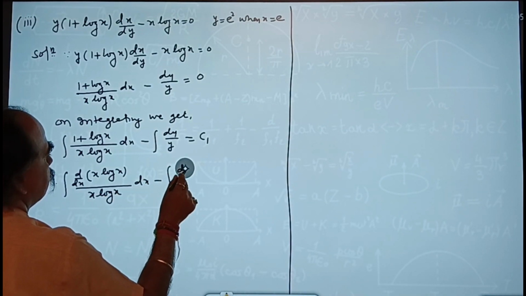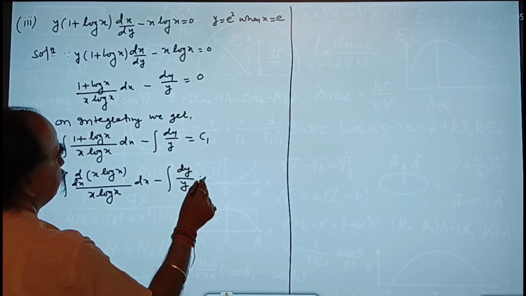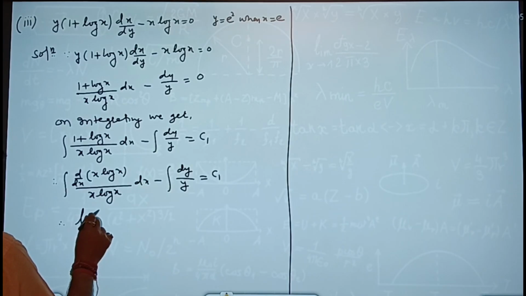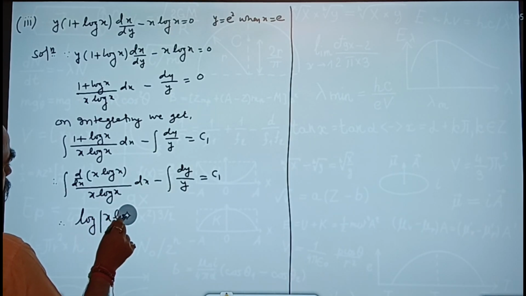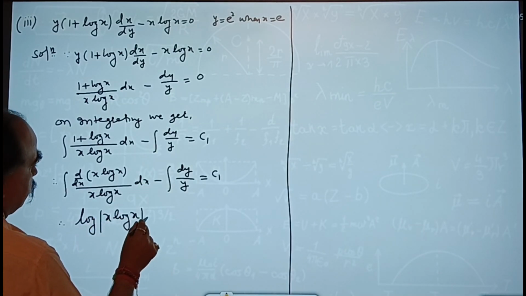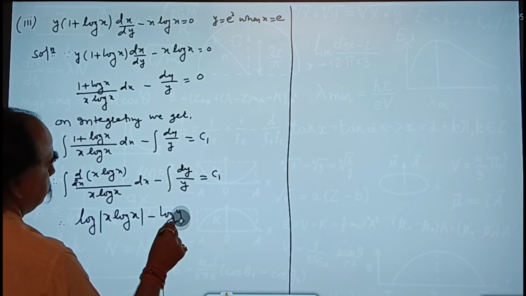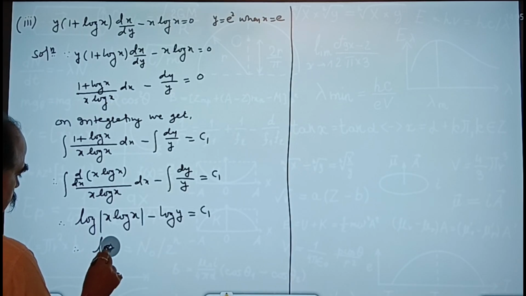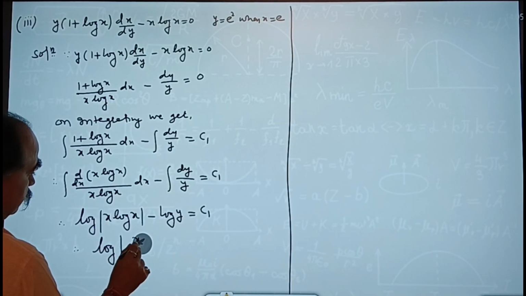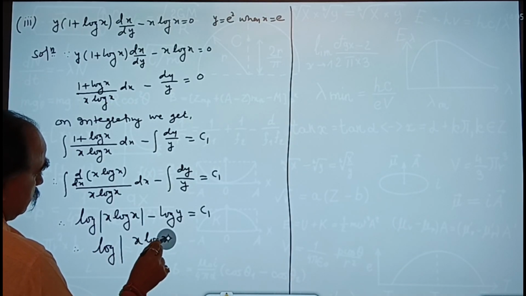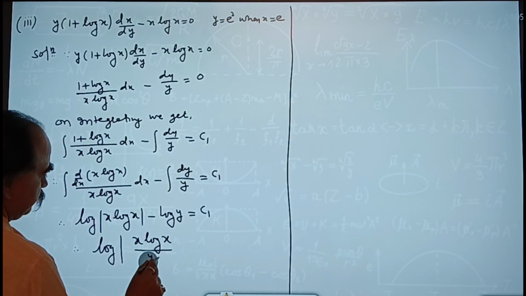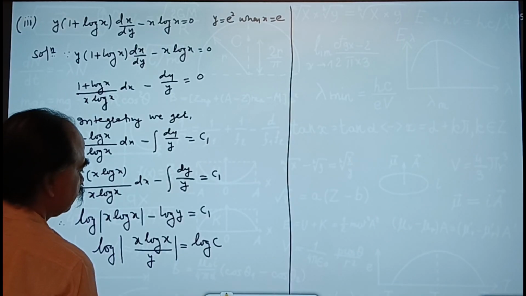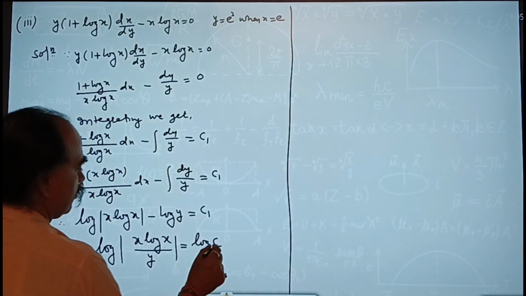Log of x log x minus log y is C1. Log of x log x upon y is log c. C1 is what? Log c.